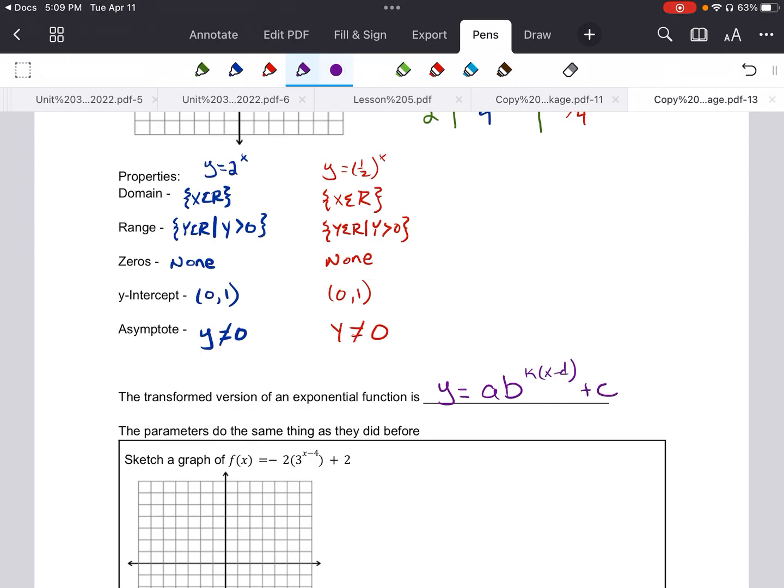So we'll just rewrite the mapping rule up here so we don't forget. And that is (x, y) becomes (1 over k times x plus d, a times y plus c).